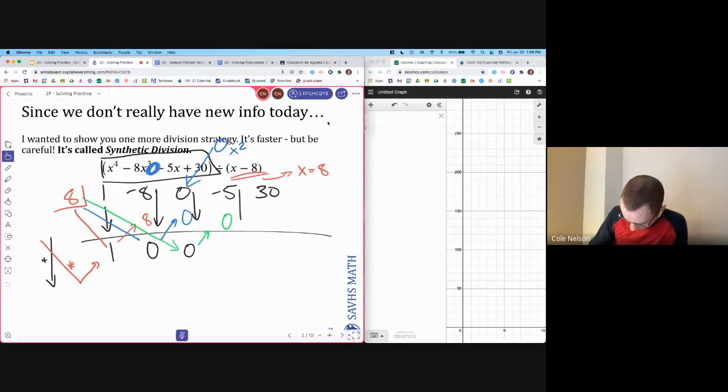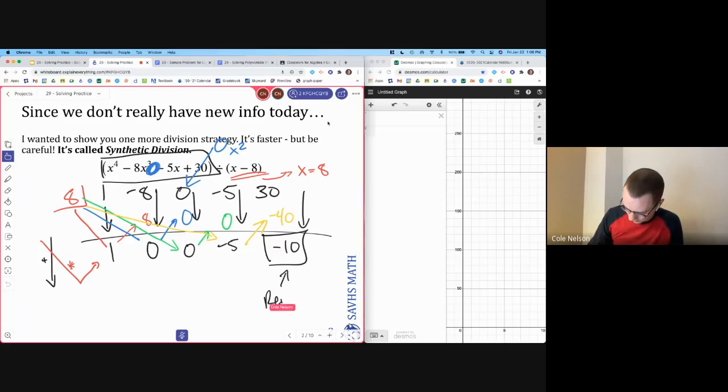Then you add down and you get -5. And then you multiply across and you get -40. And then you add down and you get -10. This right here is the remainder. And this represents the quotient.